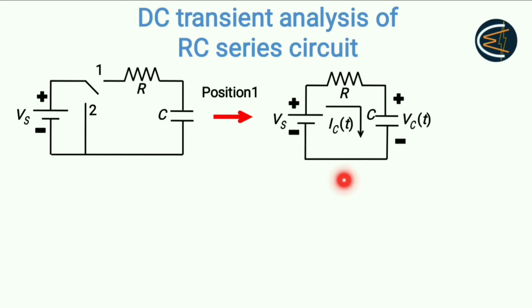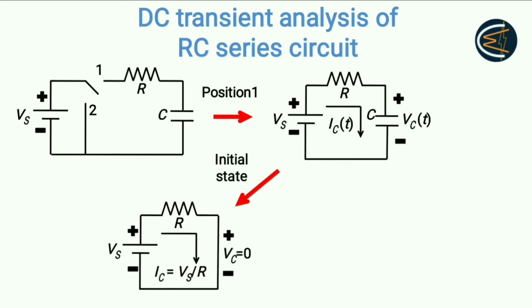If you go through my previous video lectures, there I have shown why the capacitor behaves as a short circuited path at the initial stage, when there is no initial value of voltage across it.